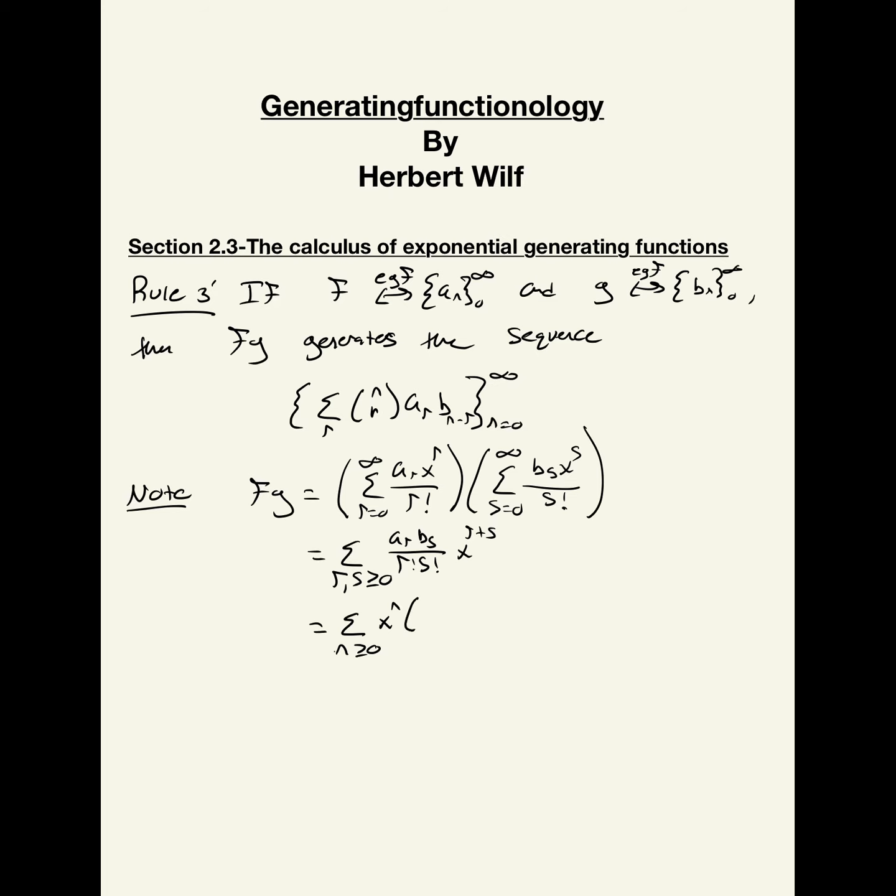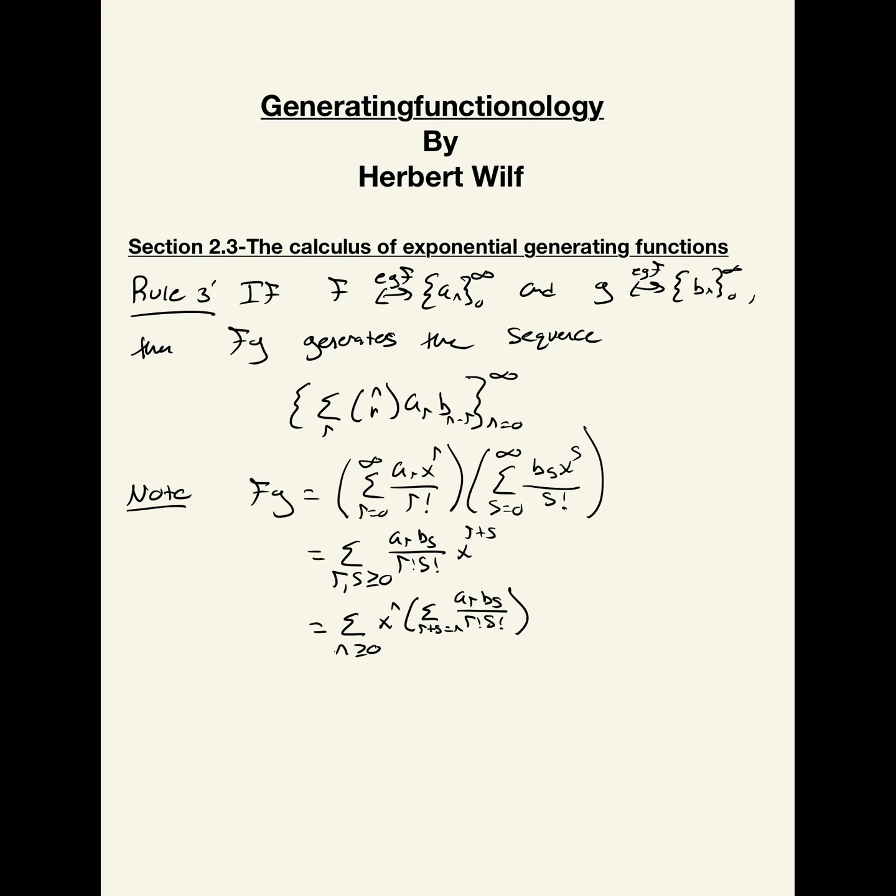So the coefficient on x to the n will be the sum over all r and s where r plus s equals n of a r b sub s over r factorial s factorial. And that's exactly how we collect the like terms, because if r plus s equals n, then certainly those are all going to be the coefficients on x to the n.